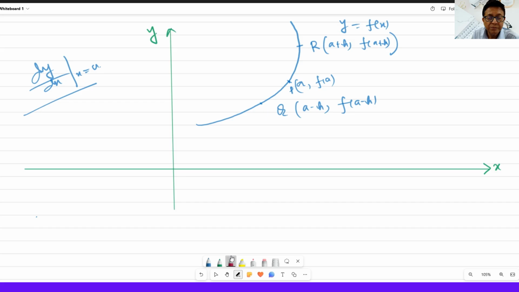So QP is there. Q to P is the chord. This is not the tangent. I am drawing another chord over there.